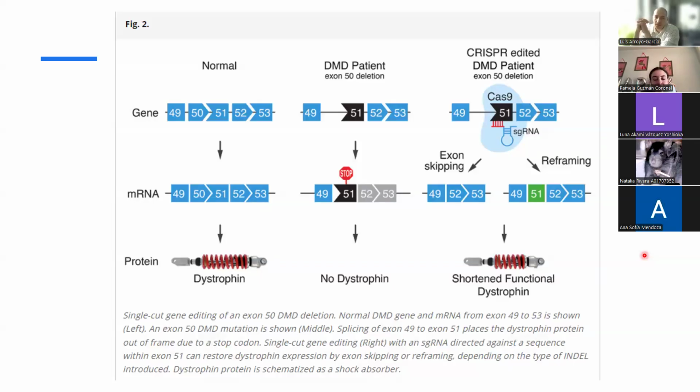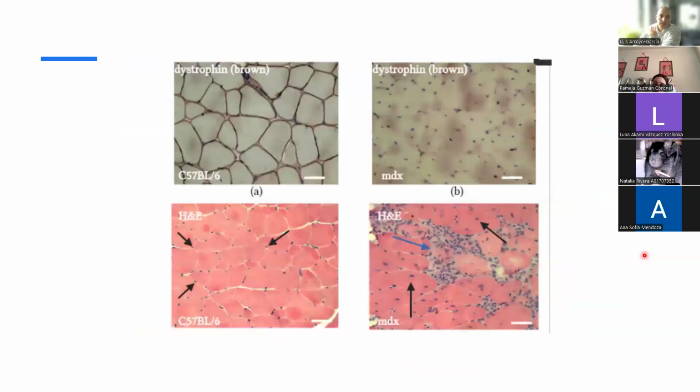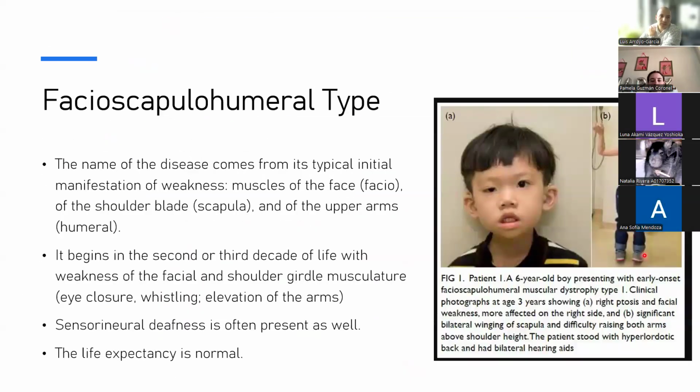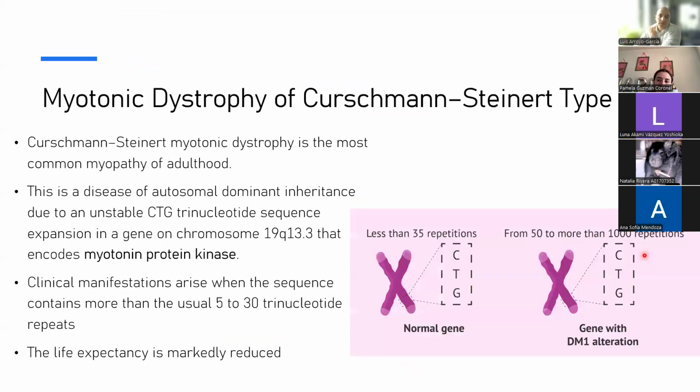Then we have Becker, that goes slower for some reason, and it will cause death around the 4th or 5th decade. And then we have the other two. I don't remember the names. The facioscapulohumeral type, in this case the life expectancy is normal. And then the myotonic dystrophy, that will cause death at some point.